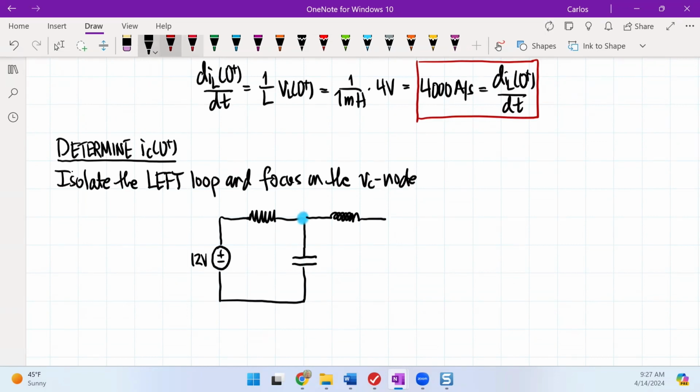So what do we know? We know that this guy must be 6 volts. But at the same time, we expect a current of the inductor to now change as it's moving. On the other hand, we're seeing here that we have a current here where this must remain at the switch of 1 milliamp.